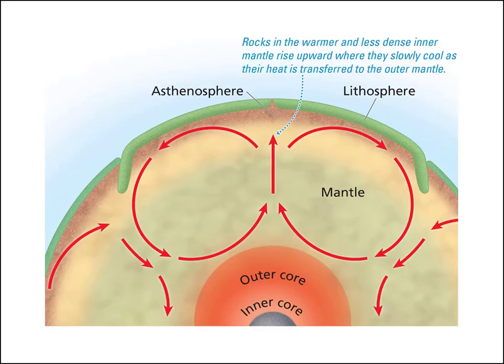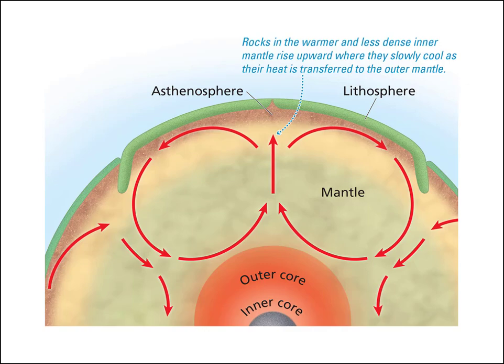Above the core lies the mantle, a layer of hot but mostly solid material that represents 80% of the Earth's total volume. The mantle is rich in oxides of iron and magnesium and in silicates. The extremely high temperature and pressure in the lower mantle softens and deforms solid rock material over millions of years.